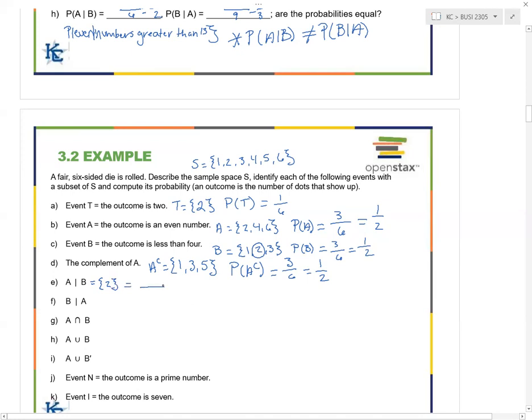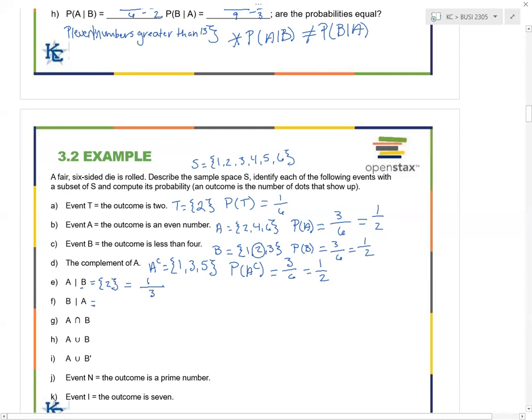Remember, the total for the bottom number becomes whatever this value is. So B has 3. And then we only have one value that is in A.